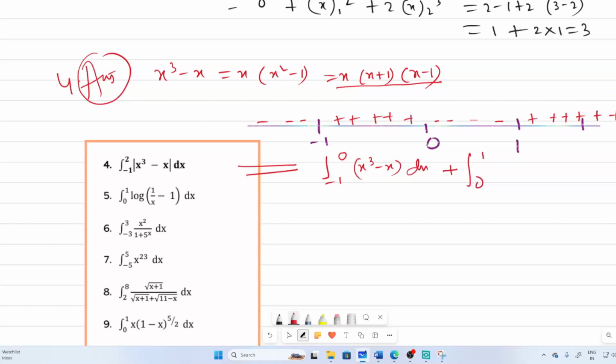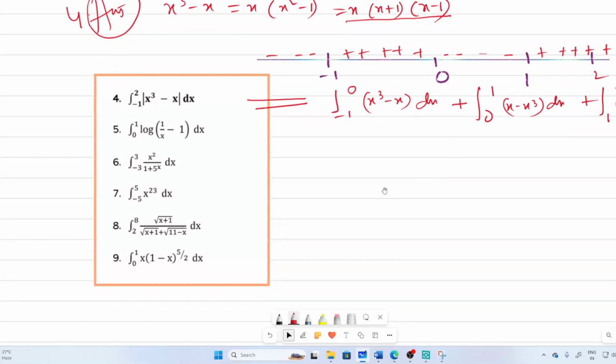From 0 to 1 it is negative, you write x minus x cube dx. And here it is again positive, you write 1 to 2 x cube minus x dx. Alright, now integrate, put upper limit minus lower limit, and the problem will be solved. Okay.